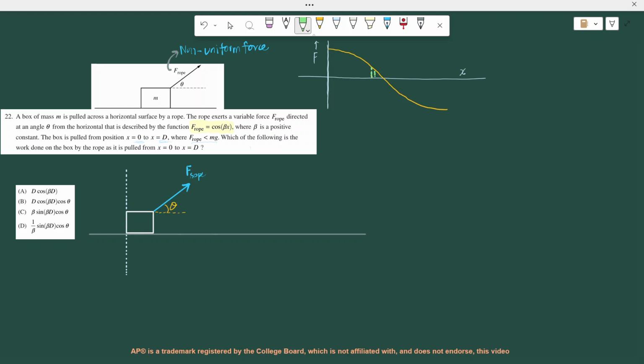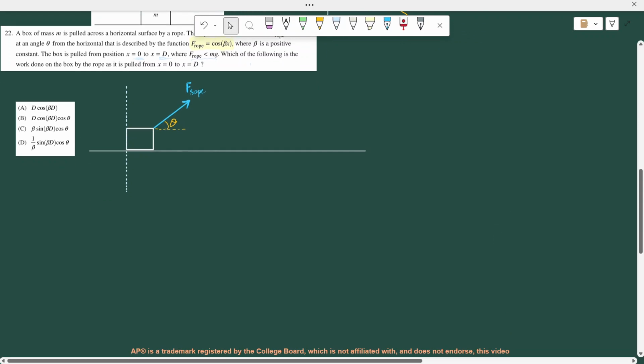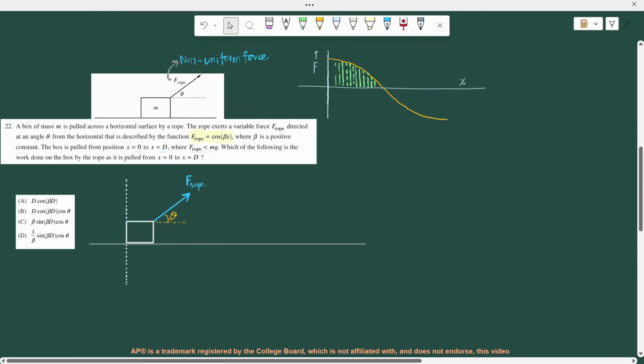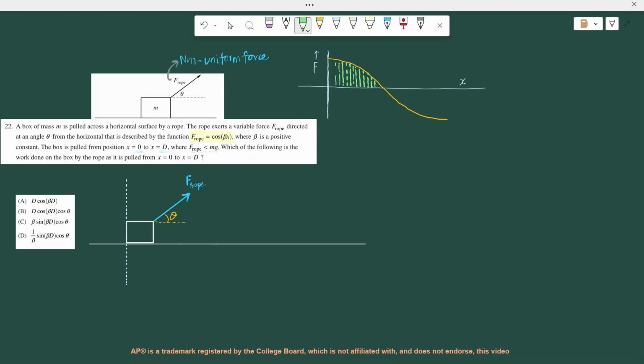We know that the area under the force displacement graph is the work done. So basically, whatever equation we are going to apply, that will give you the area under the graph, right? So it means the area under the curve. And secondly, the force applied by the rope is a non-uniform force that is not entirely doing work.